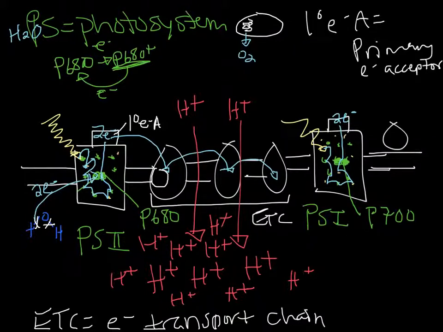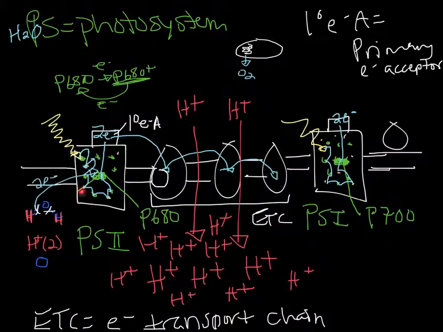What does that leave us with? That leaves us with some hydrogen ions, 2 of them per water. And it also leaves us with an oxygen atom. Now, an oxygen atom can't exist by itself in the system, but it can be held at the photosystem until another oxygen comes along. So what happens is you have a second water split.